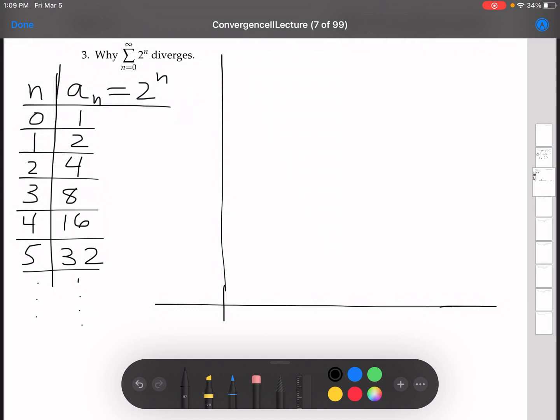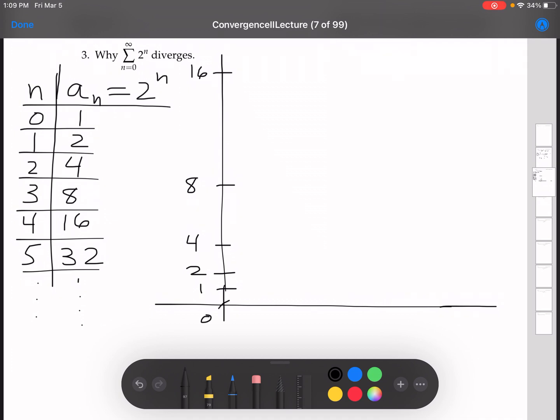Now let's see, I'll start at 16 up here. Half of 16 is 8. Half of 8 is 4. Half of 4 is 2. And again, half of 2 is 1. All right, so then we have 0.